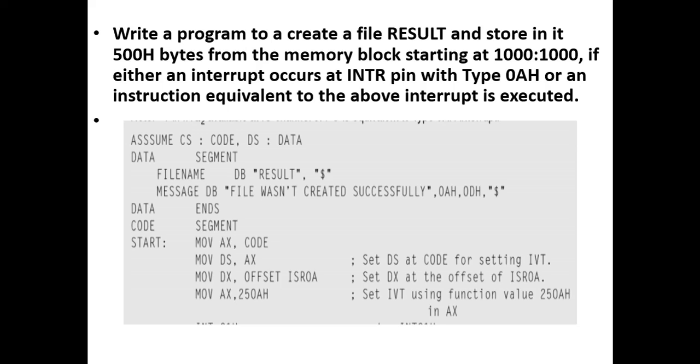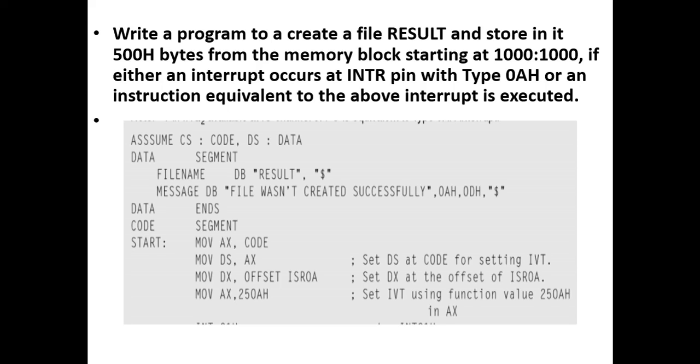This operation has to be done whenever an interrupt request occurs, that means a type 0AH interrupt occurs at the INTR pin. So whenever a type 0AH interrupt comes to this INTR pin, this operation is to be executed, while executing interrupt 0AH.